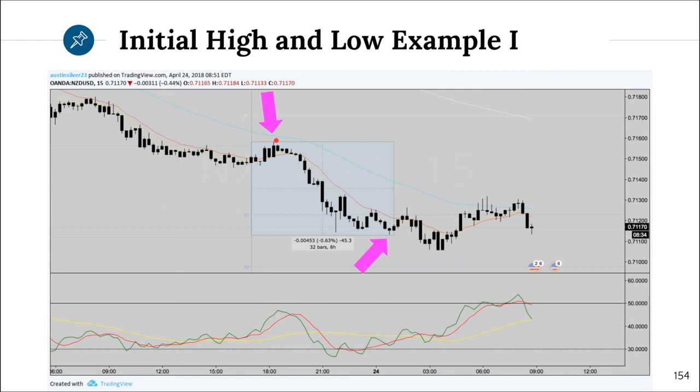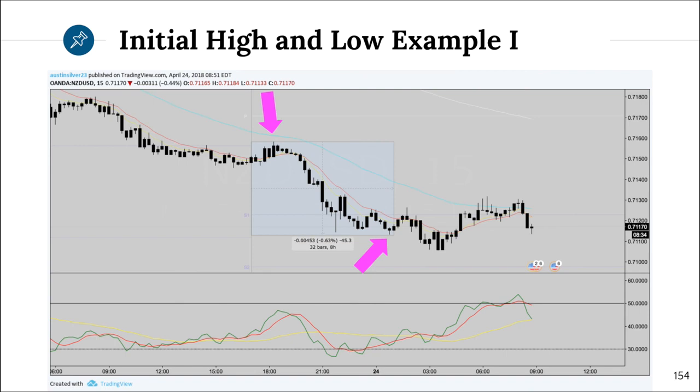And when you measure this, remember, the only thing we're going to measure with wicks is the Asian range. So you start from the wick high to the lowest wick possible, which is right here, right before the Asian session closes. And that would show us that during the Asian session, NZD USD, which is a base pair, went 45.3 pips. Would that be a valid tradable Asian range?